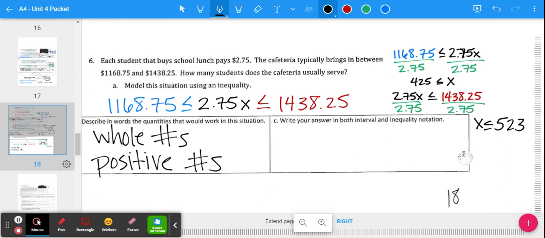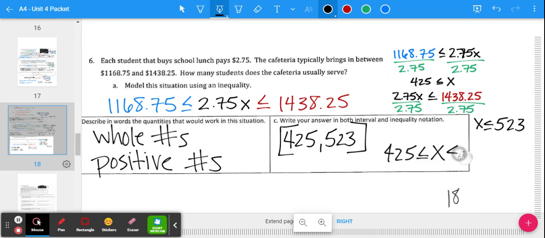The smallest amount of people that they can serve is 425, and the greatest number is 523. And because those are the smallest and the largest number of students, we use the hard brackets. For an inequality, 425 is less than or equal to x, which is less than or equal to 523.